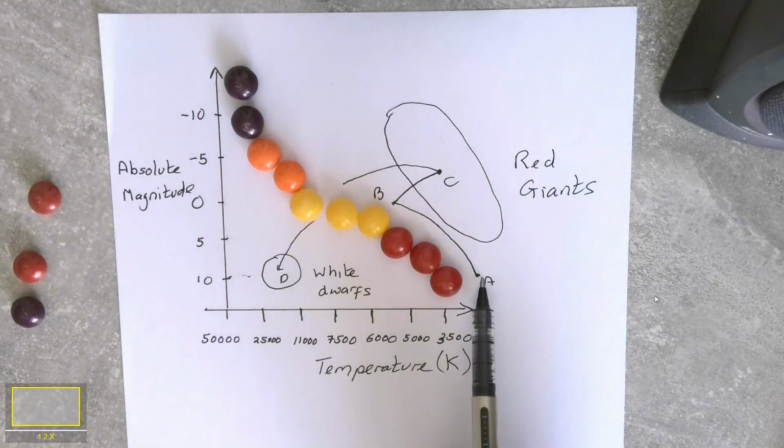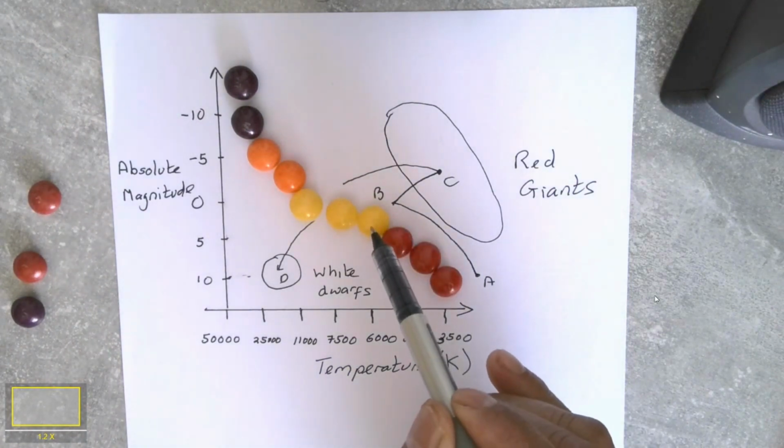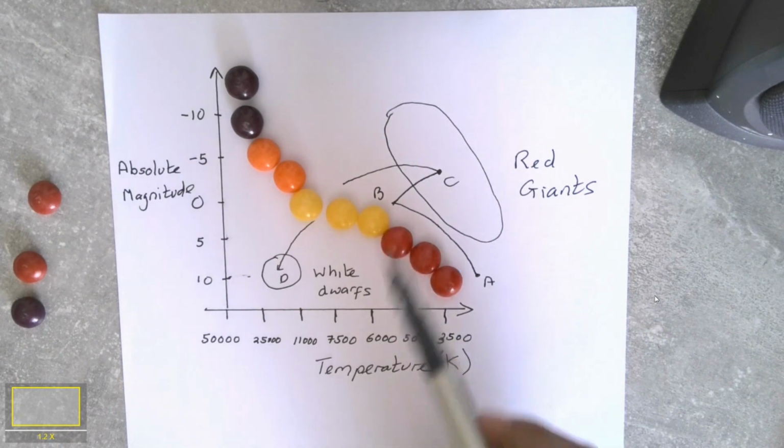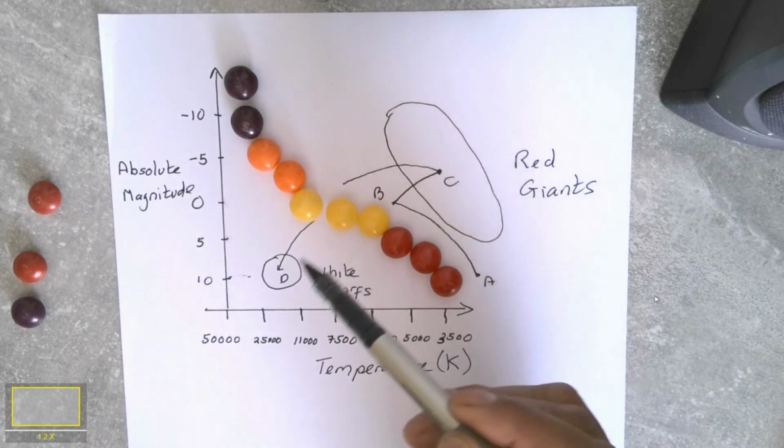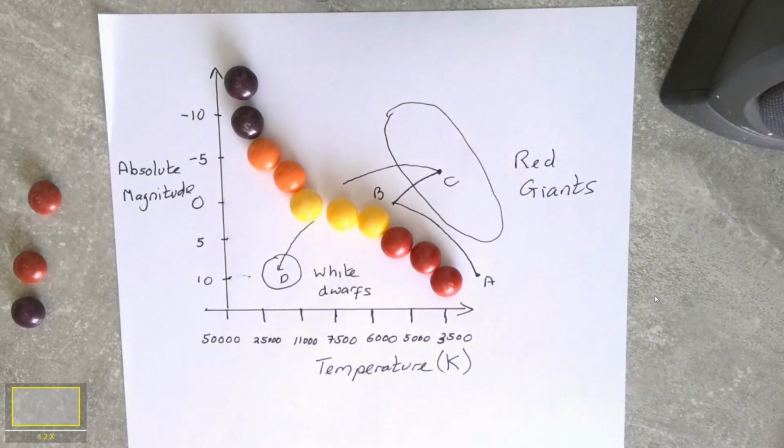A over here is the nebulae, then the main sequence part of the life of the sun. Then it becomes a red giant, and then it would become a white dwarf at the end of it.